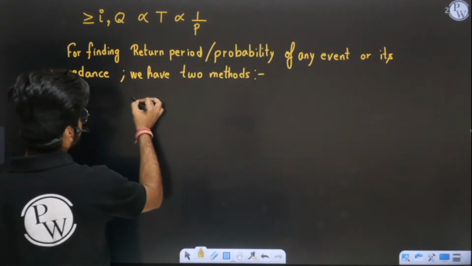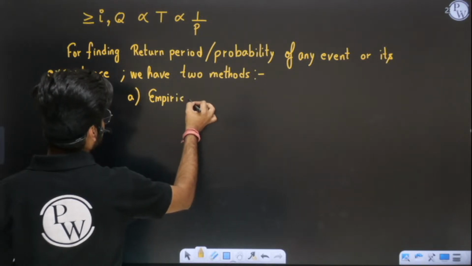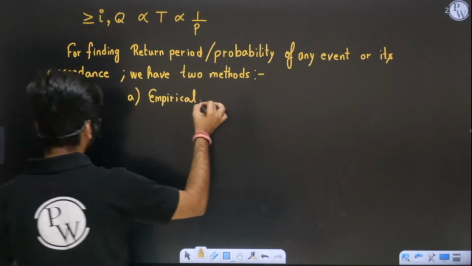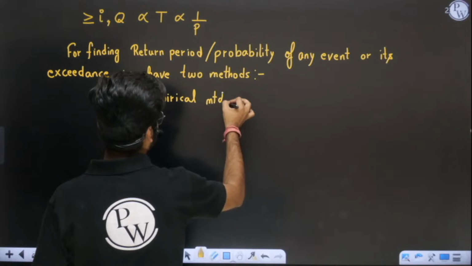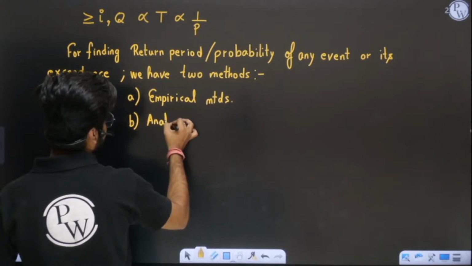So the very first method is empirical methods, and the second method which we have is analytical methods. Obviously, we are not going to discuss analytical methods right now.